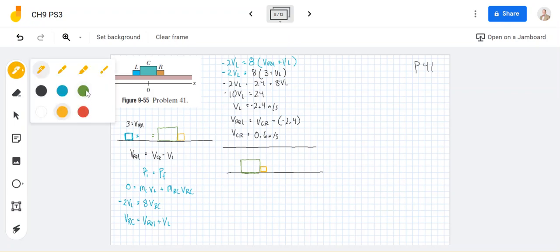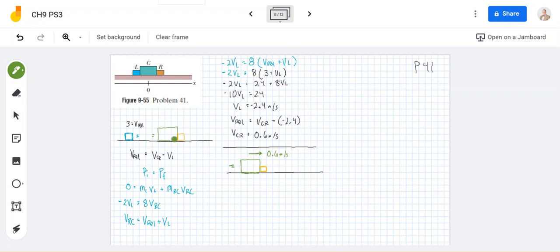Here's the before picture, and what we got out of the last one was that this whole thing is moving to the right at 0.6 meters per second. So we're going to use a conservation of momentum statement again. So this is the before picture.